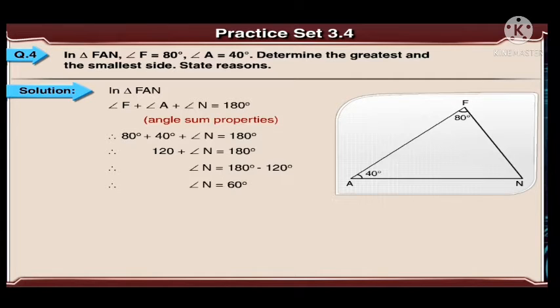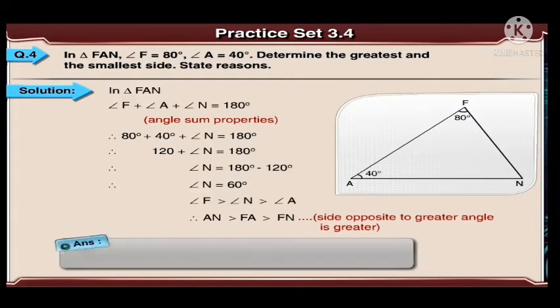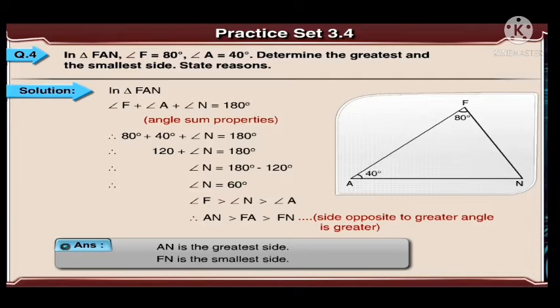Comparing the measures, we find that angle F is the greatest. The side opposite to angle F is side AN. The side opposite to the greater angle is greater, so AN is the greatest side. The smallest angle is angle A. Hence, the side opposite to angle A is side FN. FN is the smallest.